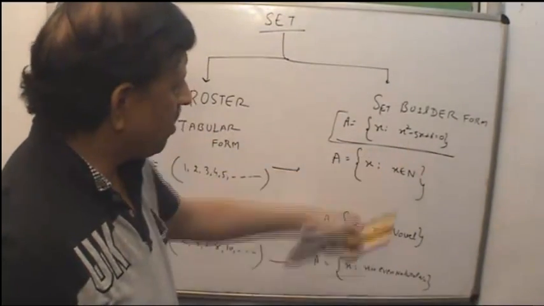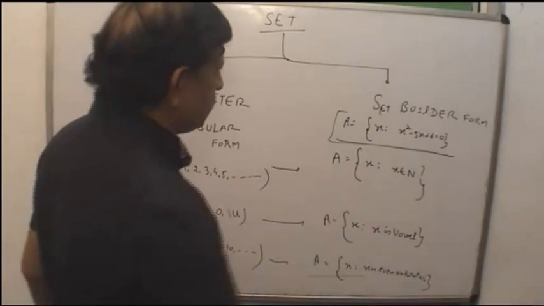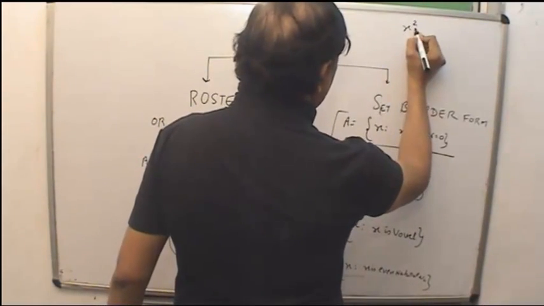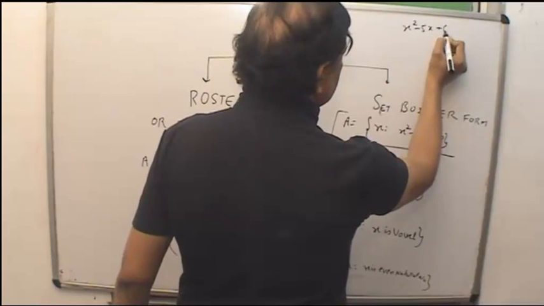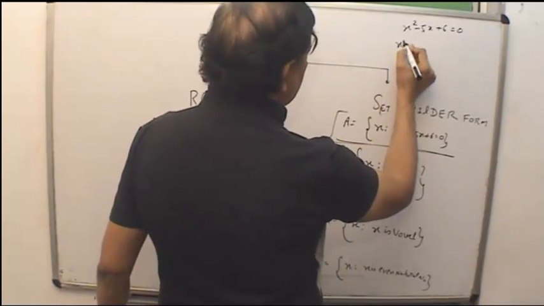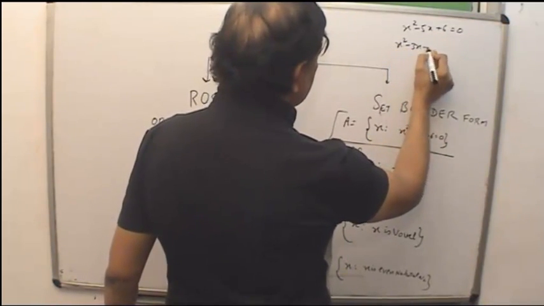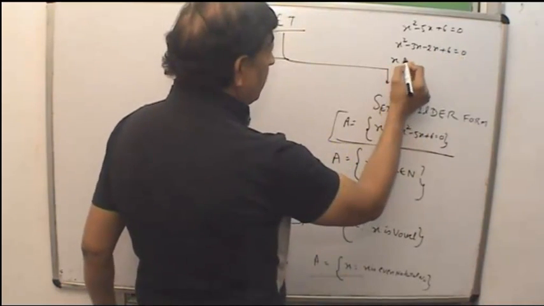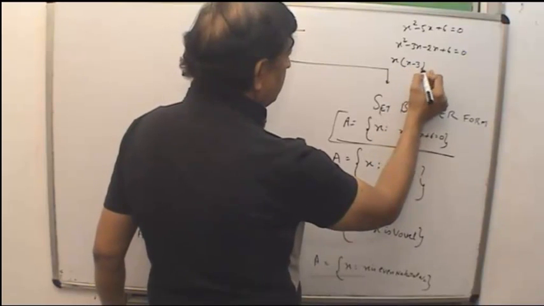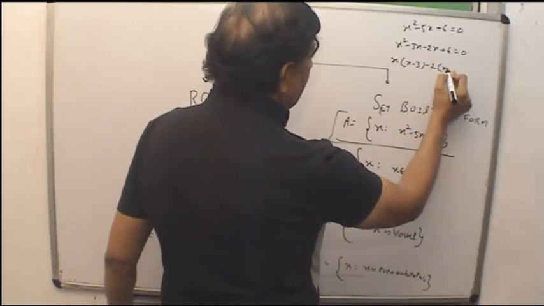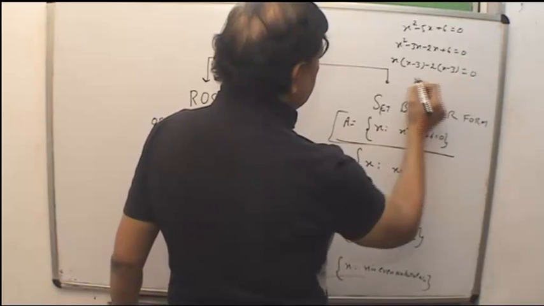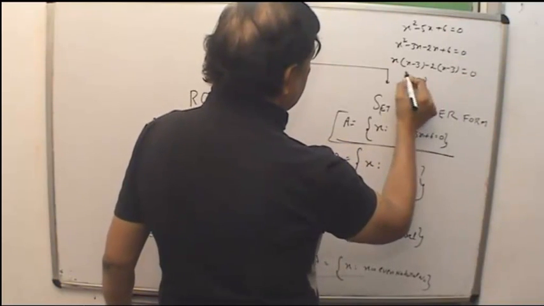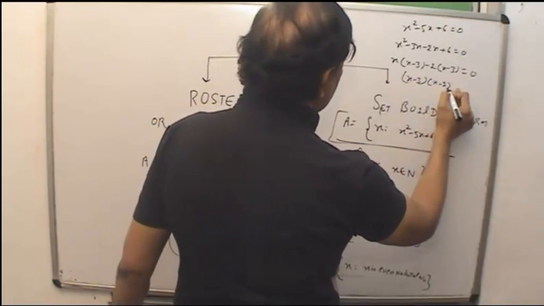Simple, it is a quadratic equation and we can solve it. x squared minus 5x plus 6 equals 0, that is x squared minus 3x minus 2x plus 6 equals 0. Taking x minus 3 and x minus 2 common, (x minus 3)(x minus 2) equals 0.